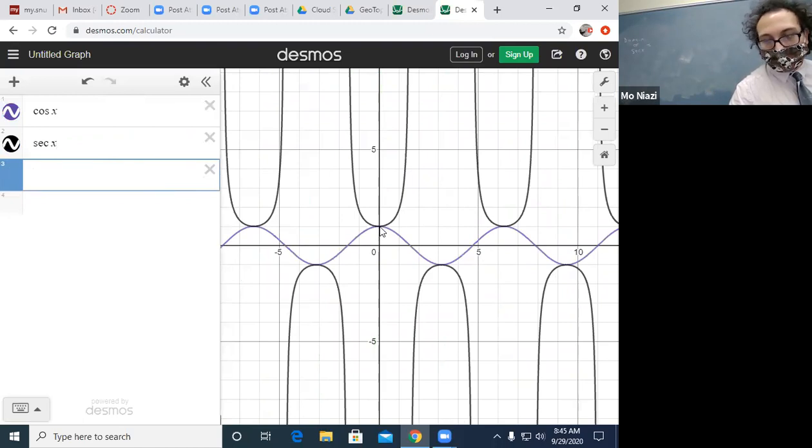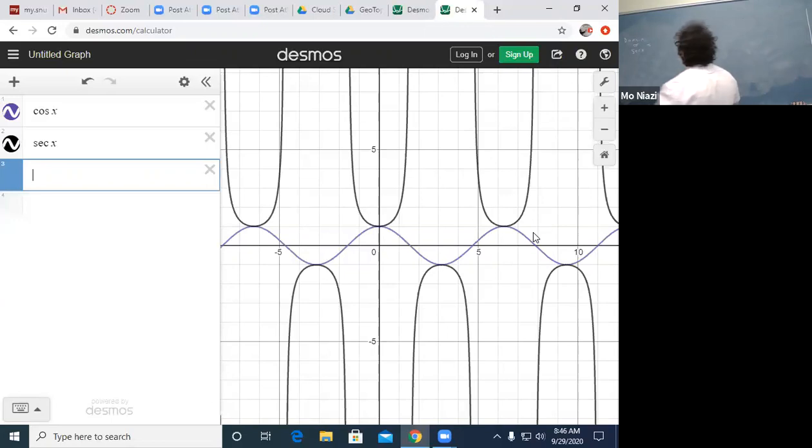What is the domain? The domain represents all of the inputs that don't mess something up. And we notice that the only time this messes up is at these vertical asymptotes here. So we know that the domain is the set of all inputs x such that they don't equal what?